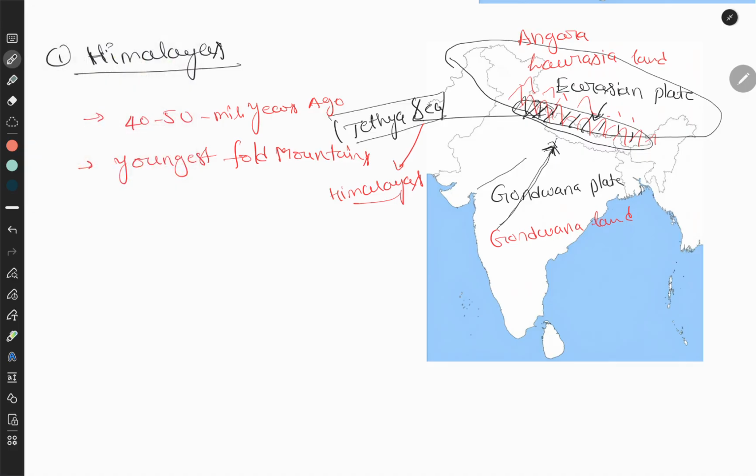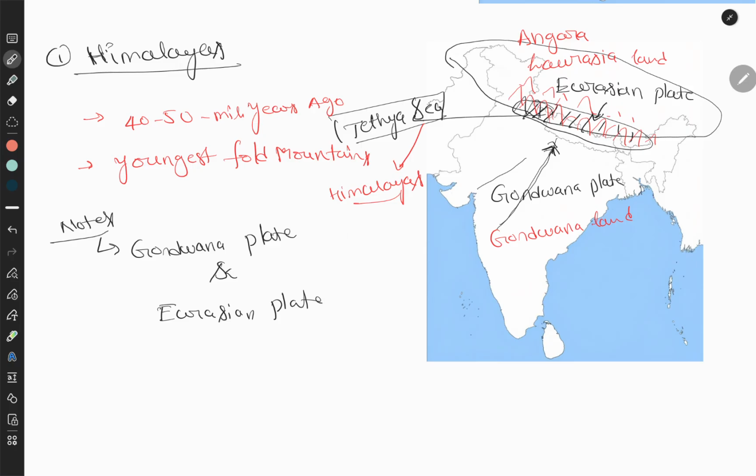Now I will brief the notes once again. In place of the Himalayas, earlier there were two plates: the Gondwana plate and the Eurasian plate.